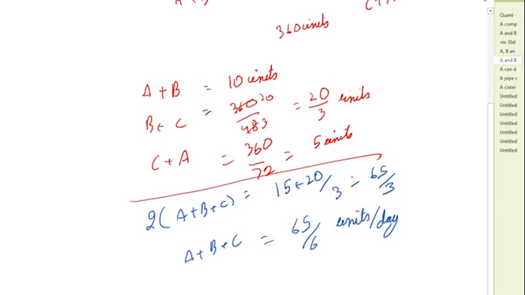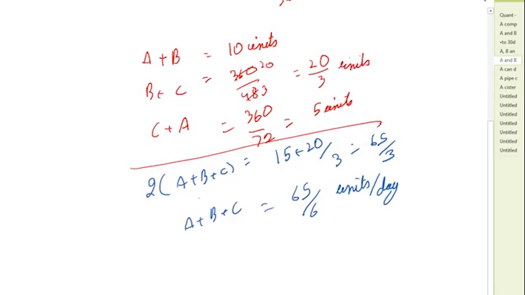Yeah, so they do 65 by 6 units per day. And using this, you can simplify. Total number of units needed is 360. So 360 divided by 65 by 6, and that would be 360 into 6 by 65.